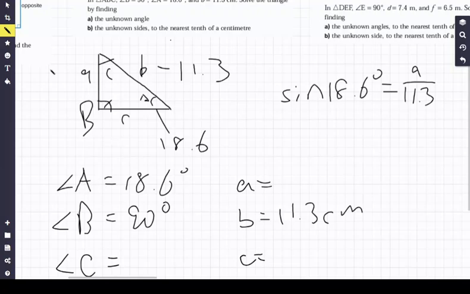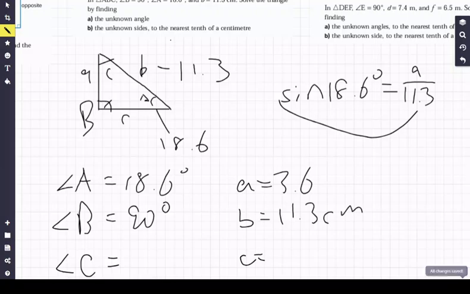So if you don't know how to do this, just do 11.3 multiplied by sine of 18.6 degrees, which is 0.3189593, a small number. Don't round it, directly multiply that by 11.3. That will give us A. So my answer is 3.6. Right? If your answer is different, check what you did wrong.